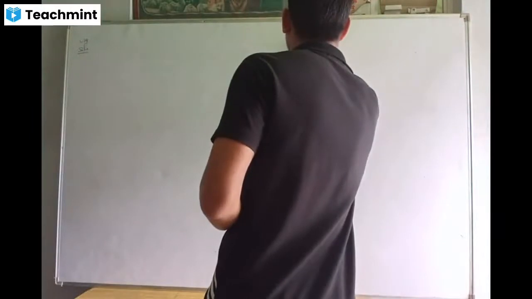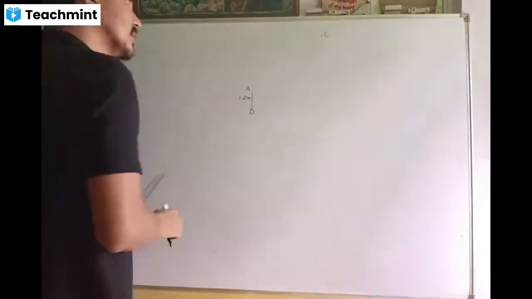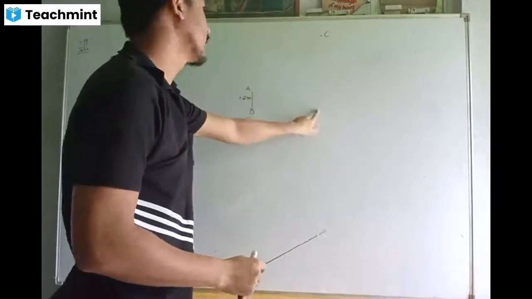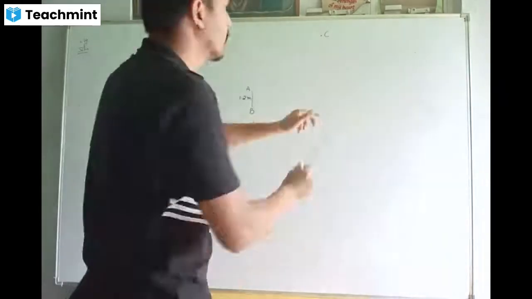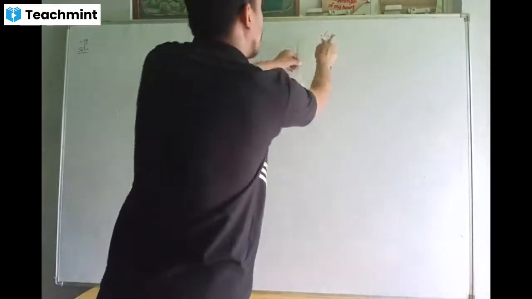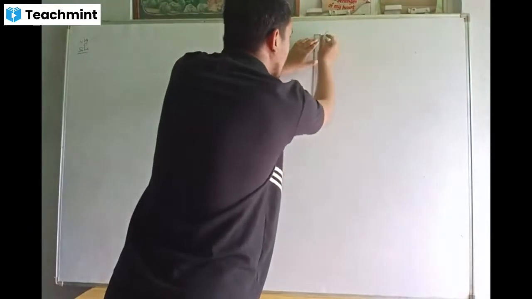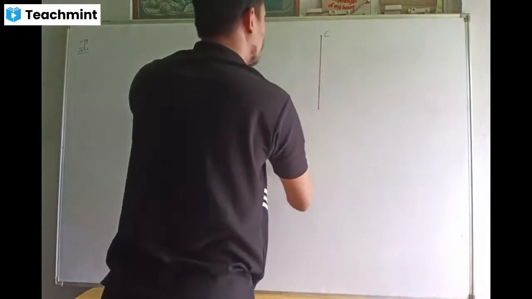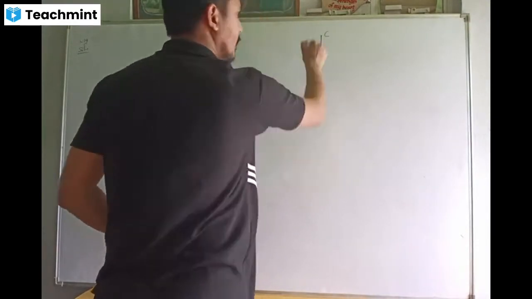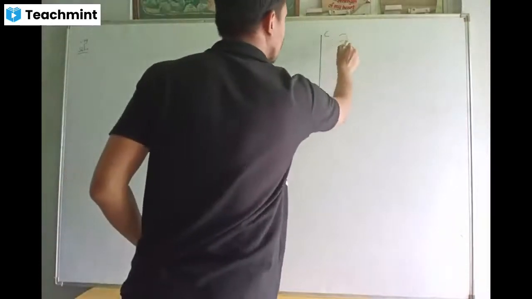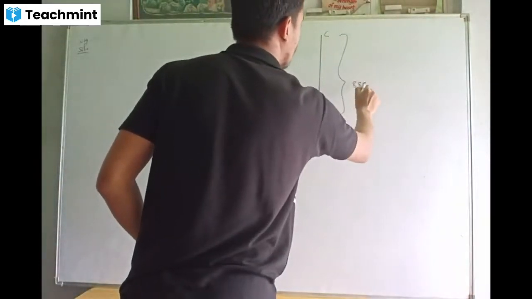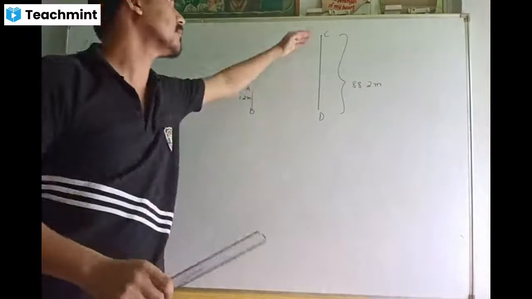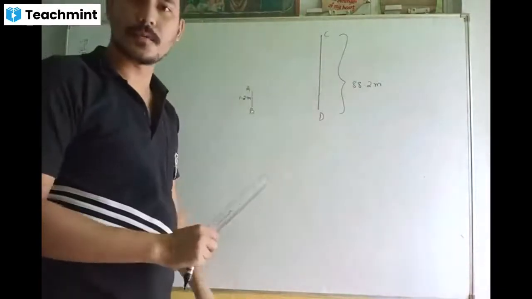Suppose she spots the balloon right at sea, and the height of this balloon from the ground is 88.2 meters. Initially, the balloon is at sea, at a height of the balloon. Suppose CD is the height of the balloon. So this distance is 88.2 meters. Balloon is high way up in the sky. Height of the balloon from the ground, 88.2 meters.